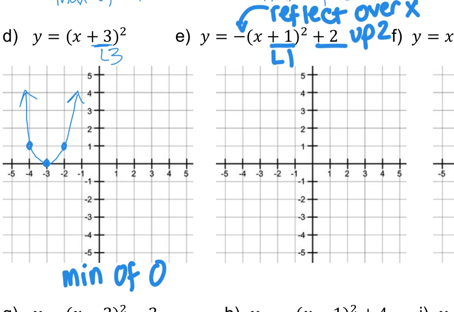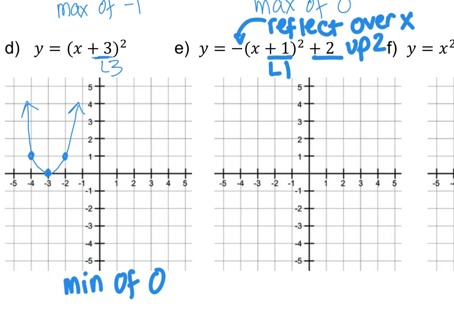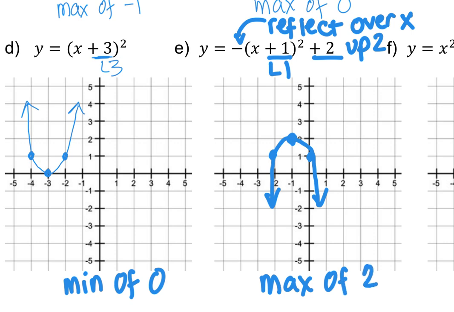Reflect over x. So we're going to go up 2 to the left 1. Reflect over x. That means we go down. And does this have a max or a min, this parabola? Max. Great. Max of 2. Yes.